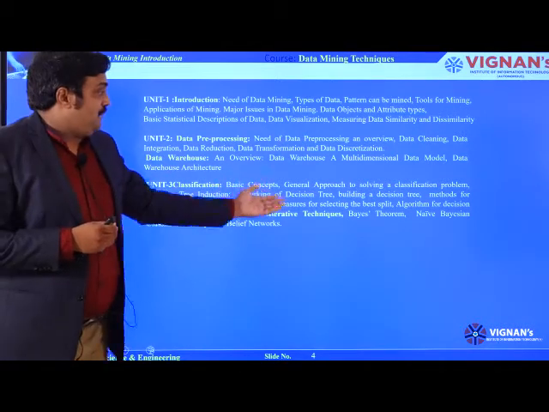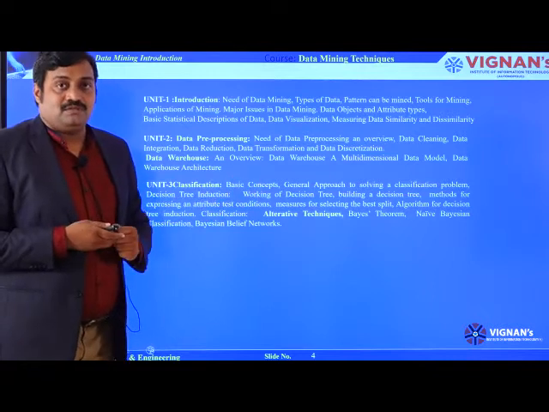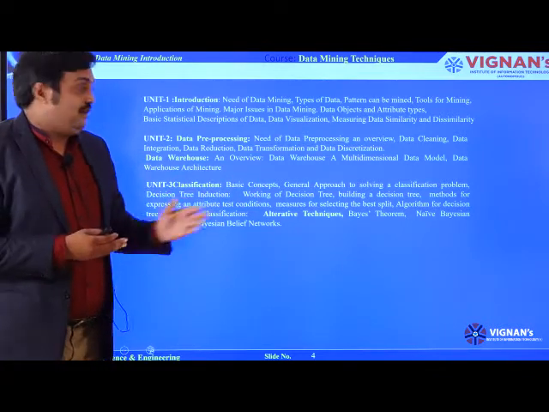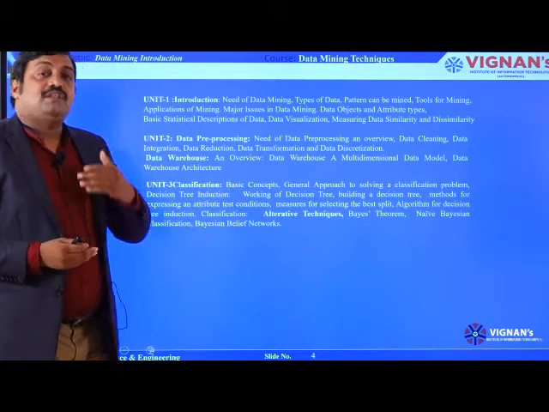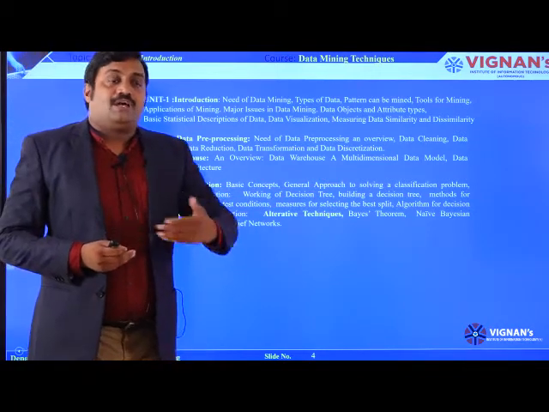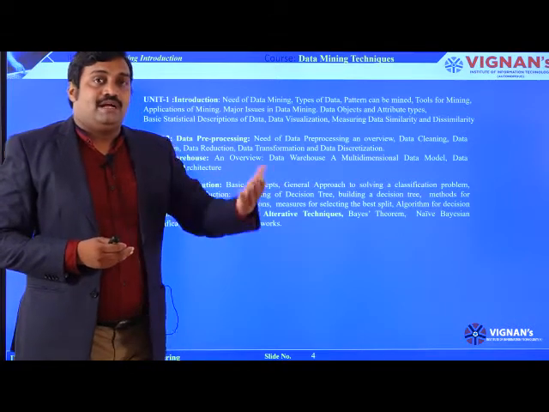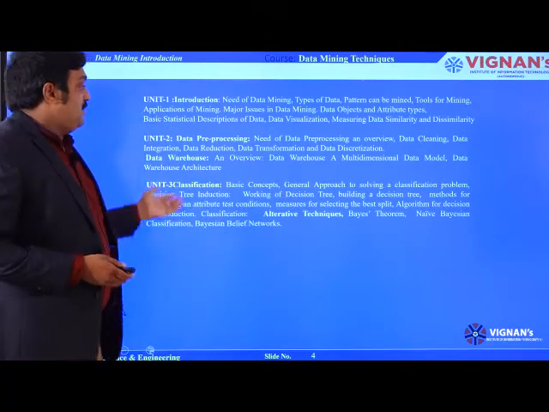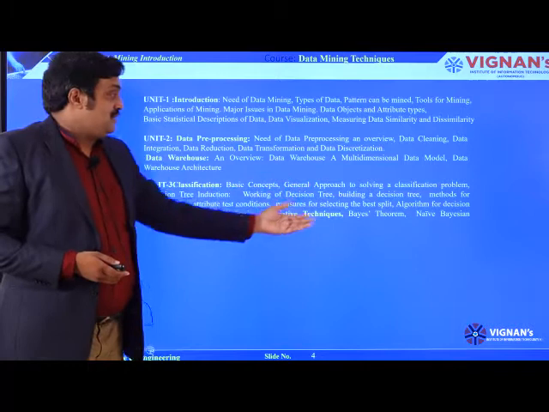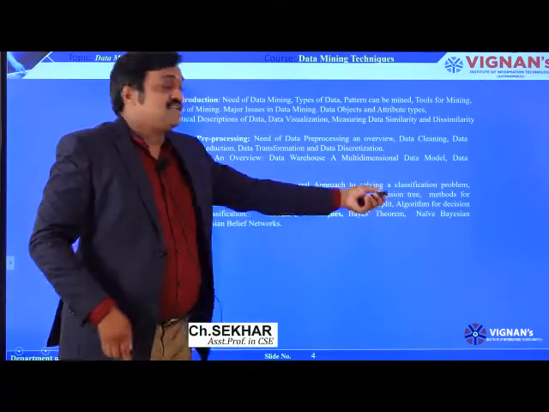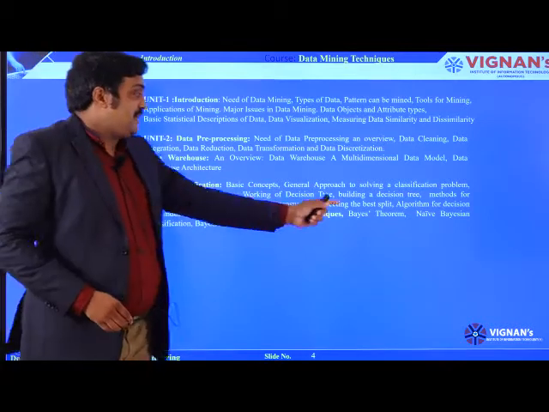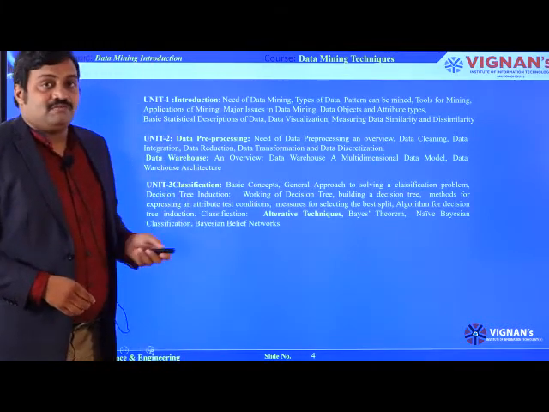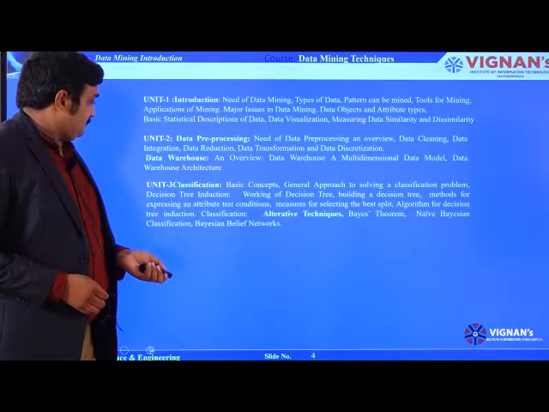Then we go with the classification concepts, classifying the data based on the requirement, based on the need of the business, and we are going to apply various classification algorithms. One of the most important is the decision tree. Decision tree is very important, and the ID3 algorithm. We are going to use these methods. We are going to learn this in unit 3.